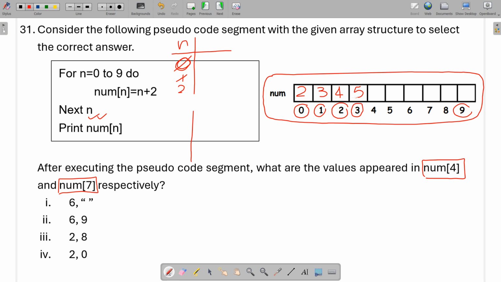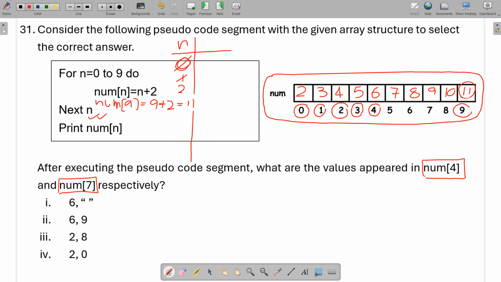If the index is 4, num4 is going to be 4 plus 2, which is 6. So likewise, this is going to be filled until the last element. In the last element, it comes as num9 equals 9 plus 2, which is 11.